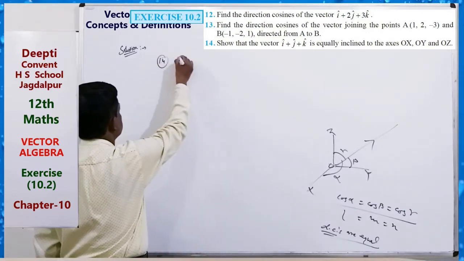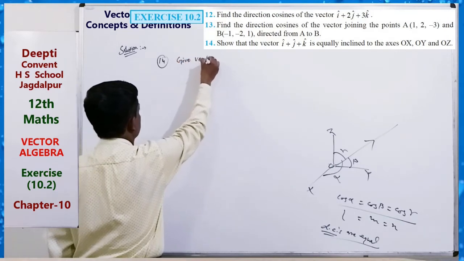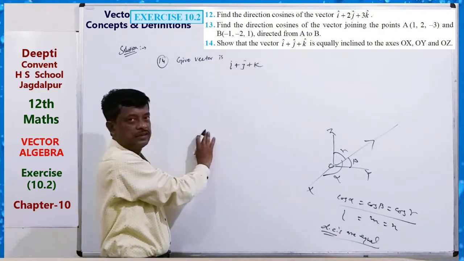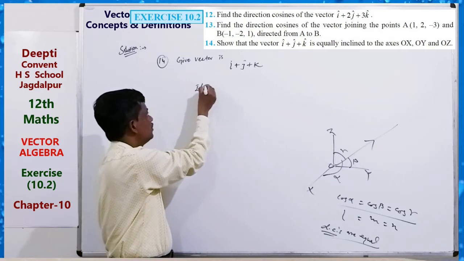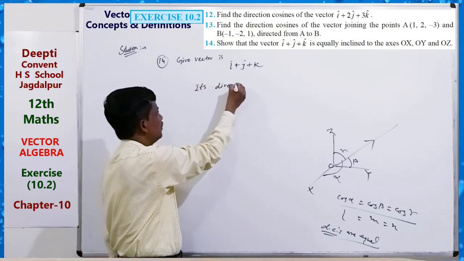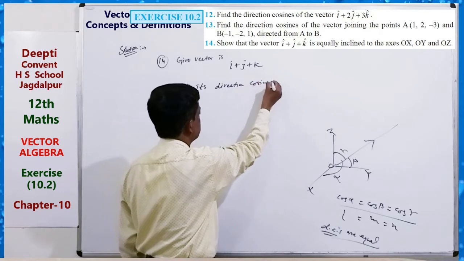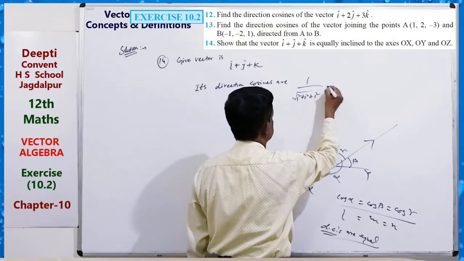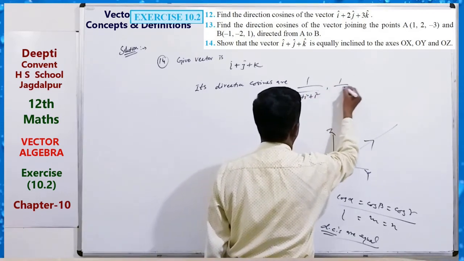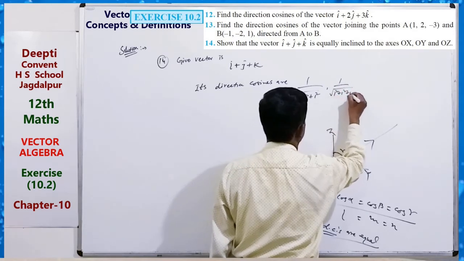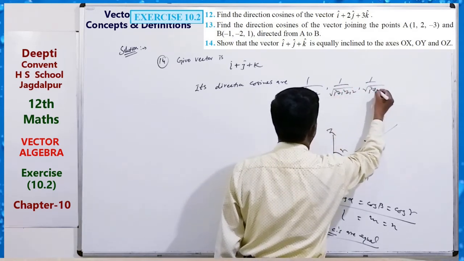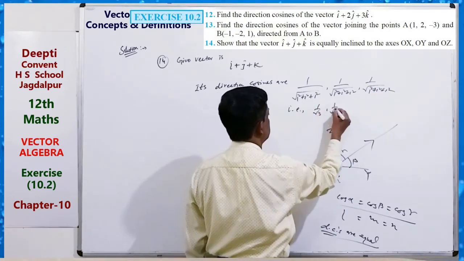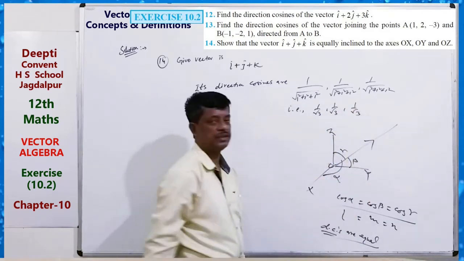So its direction cosines are 1 upon root of 1 square plus 1 square plus 1 square, that is 1 by root 3, 1 by root 3, 1 by root 3.